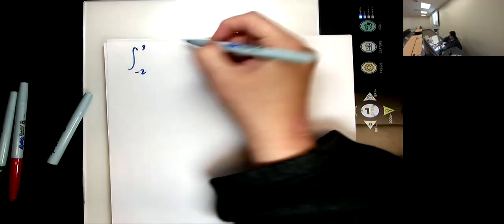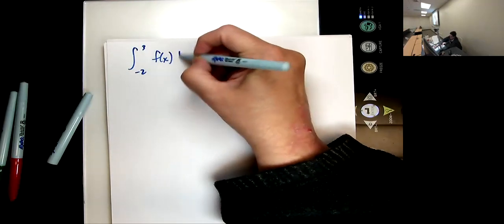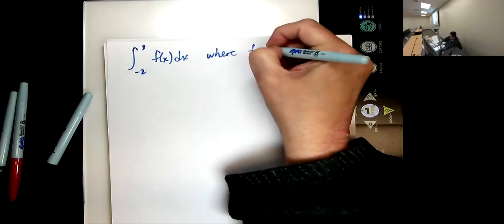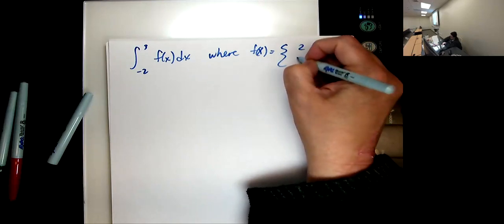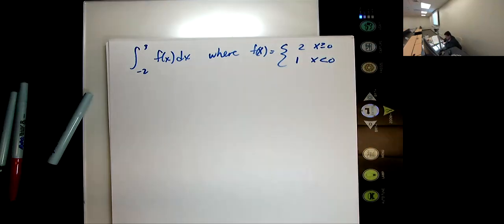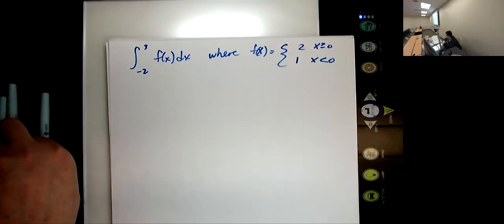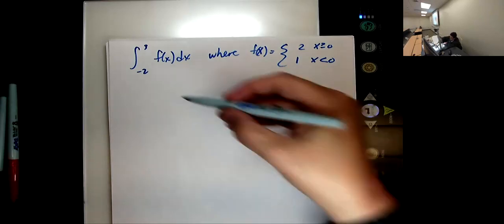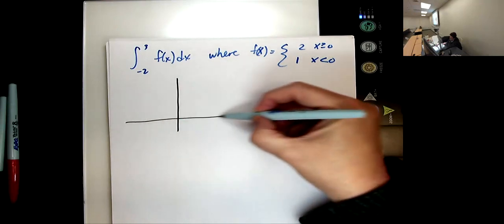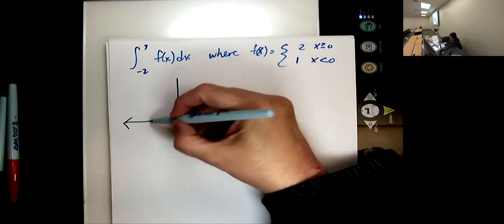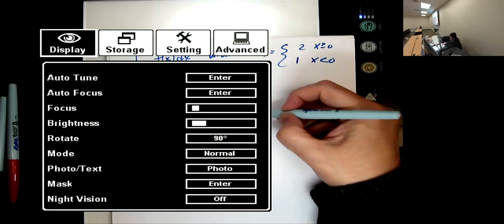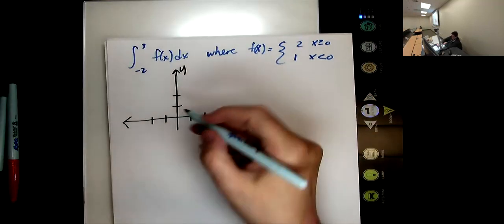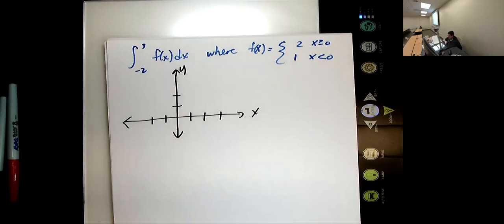Let's integrate from -2 to 3 of f of x dx, where f of x equals 2 for x greater than or equal to 0 and 1 for x less than 0. All right.